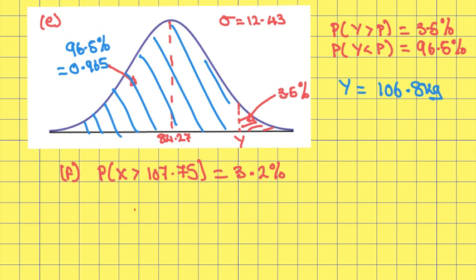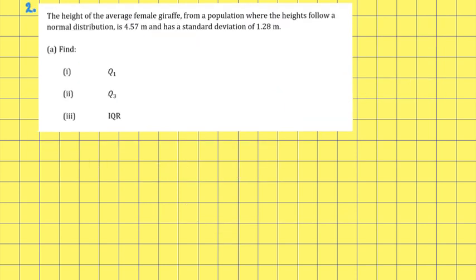So I've got to do 107,979 times 32 over 1,000, which equals 3,455. So there are 3,455 males in Rochdale above the weight of 107.75 kilograms.